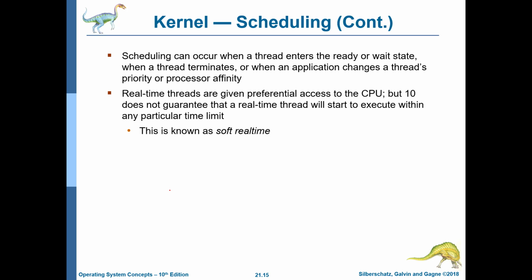Scheduling can occur when a thread enters the ready or the wait state, which basically means that the moment a thread becomes ready, we will see if it can be scheduled. Or let's say a thread is running and then it invokes an IO operation or a system call. Then the CPU becomes free, so we can make a scheduling decision. Or when the thread terminates. Of course, thread termination is not a special event as such.